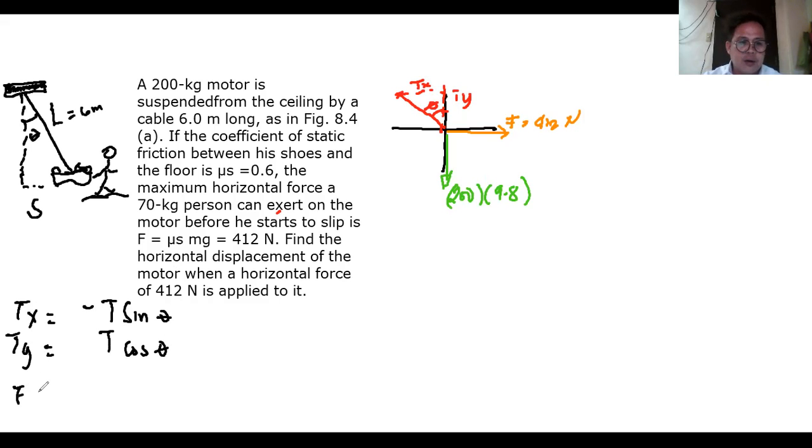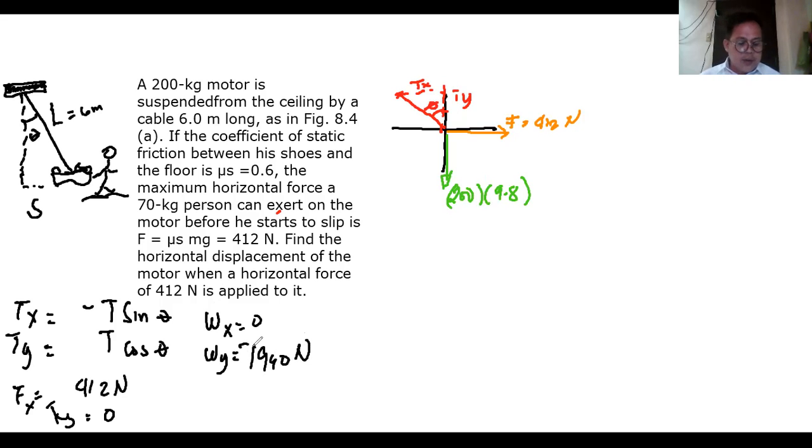Your F in X is 412, while your F in Y is 0 Newton. Your weight in X is 0, and your weight in Y will be equal to 200 times 9.8, and that is negative 1,960 Newton.